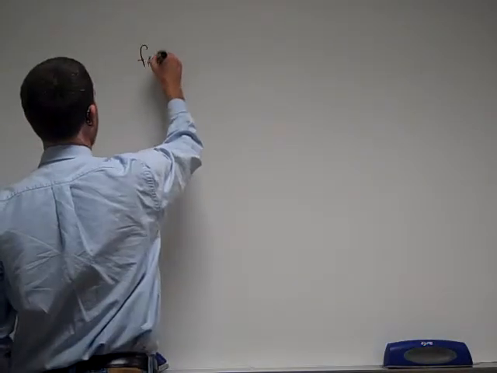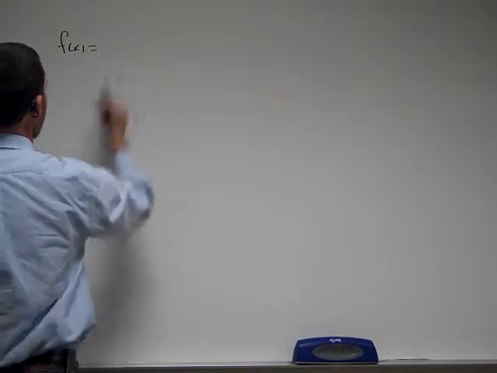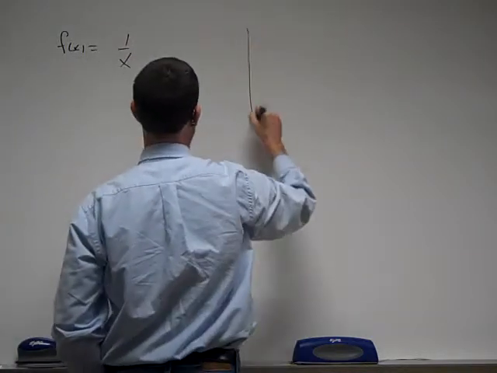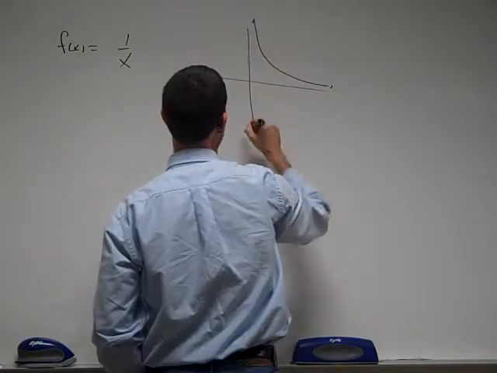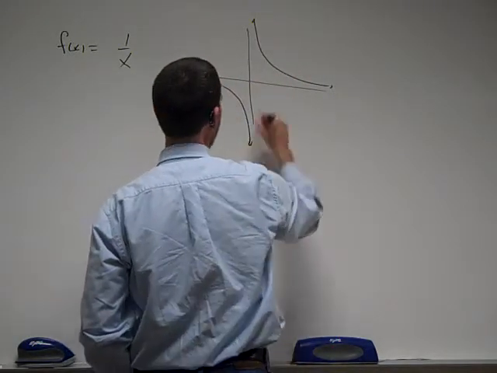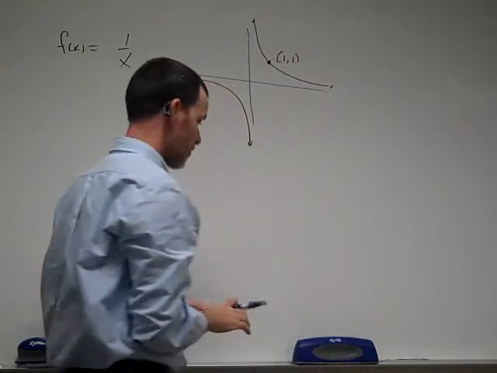So let's look at a function. Whatever. Nice rational function. Looks like this. I only want to study it at one place, (1, 1). That's the only place I'm interested in.